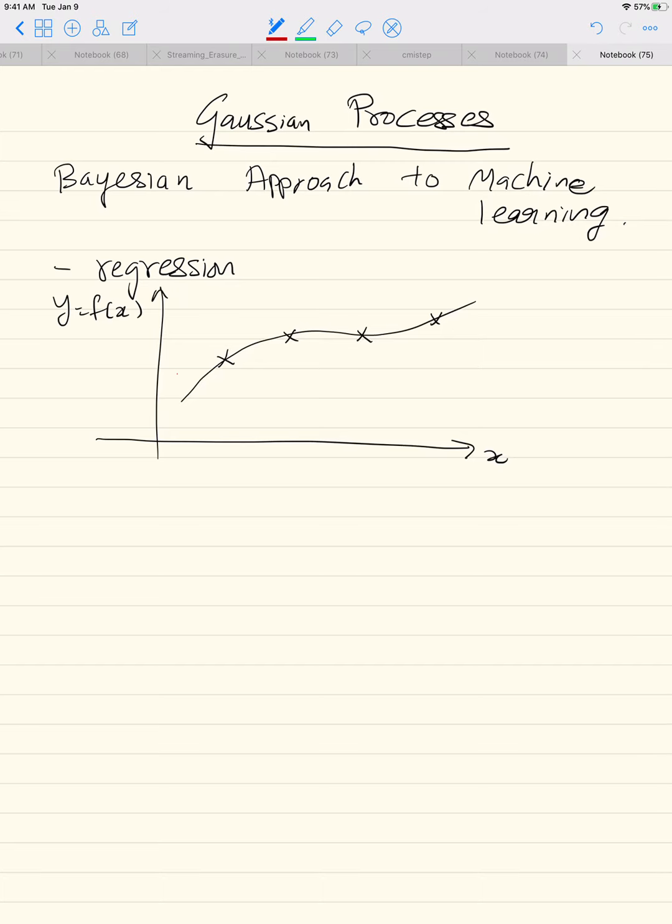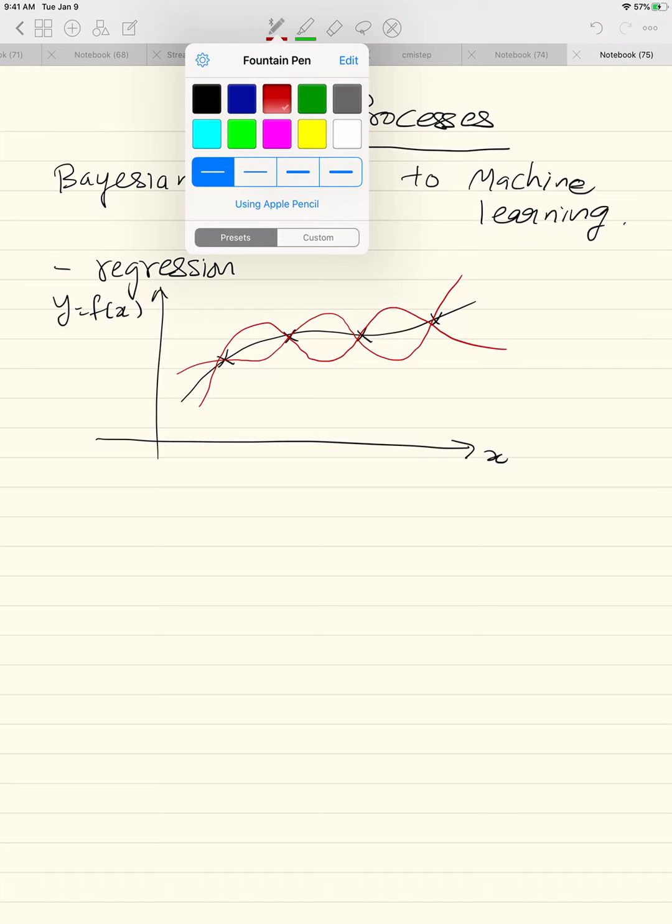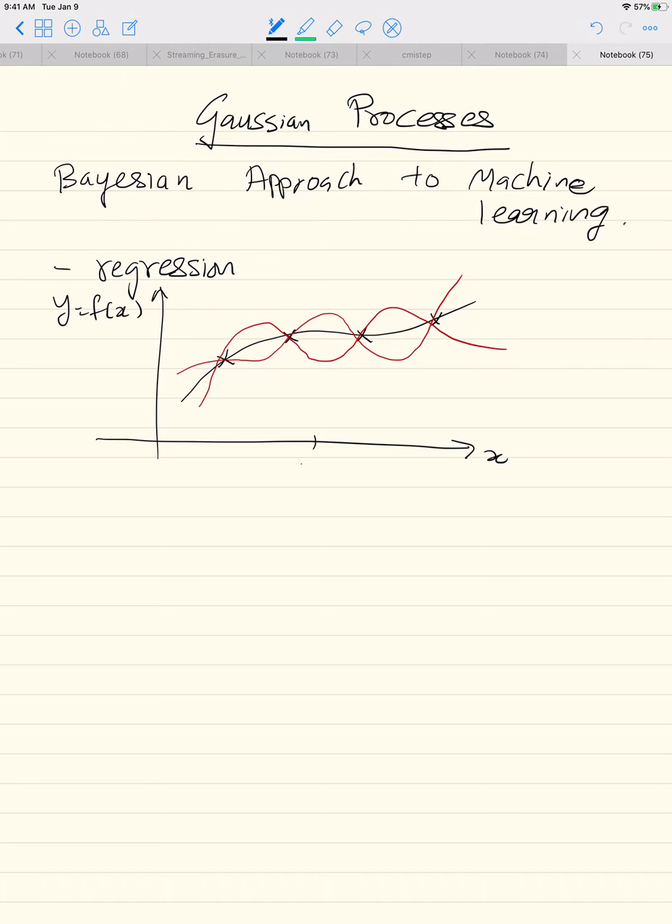So we could say that perhaps our confidence levels might look like this. So the idea here is that for each x that I get, my model will say that the ground truth lies between these two intervals.